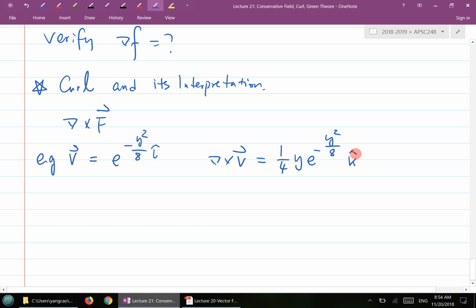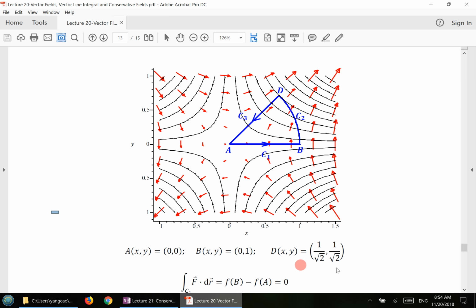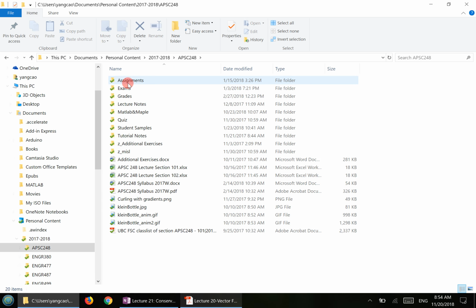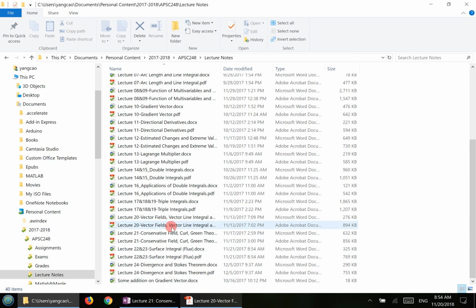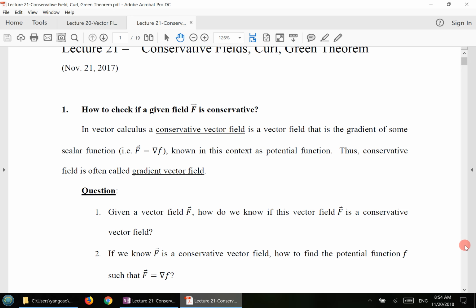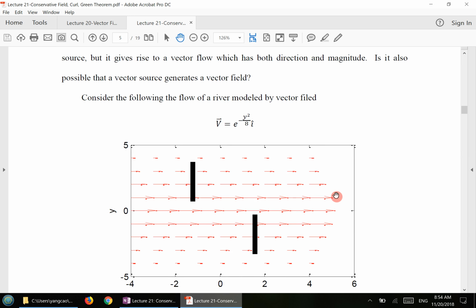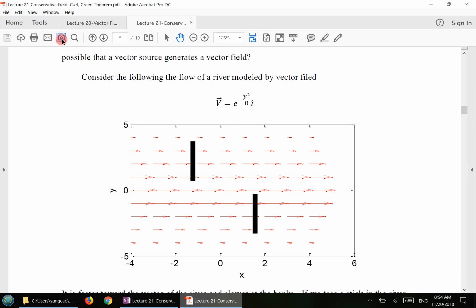You can try yourself. If you do that, you get this result for the cross product. And I can show you what this vector field looks like. So that's what this field looks like.